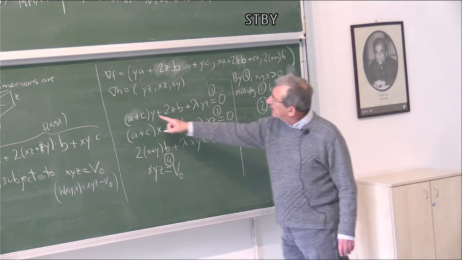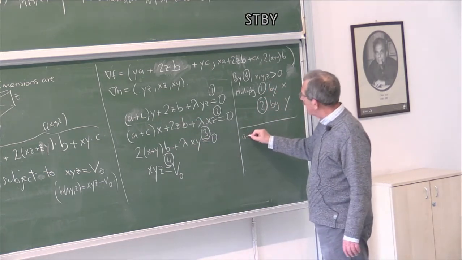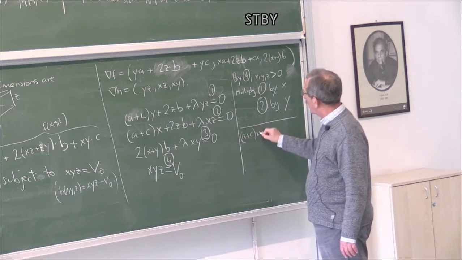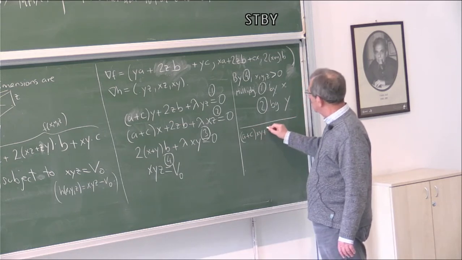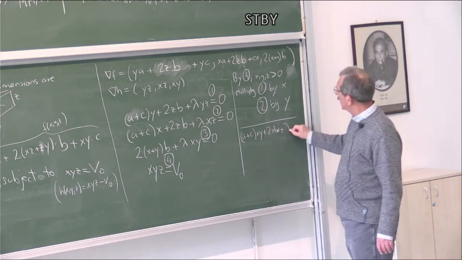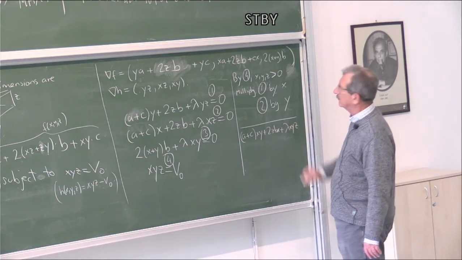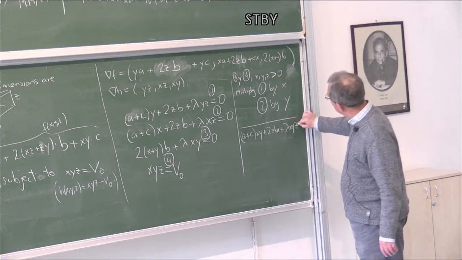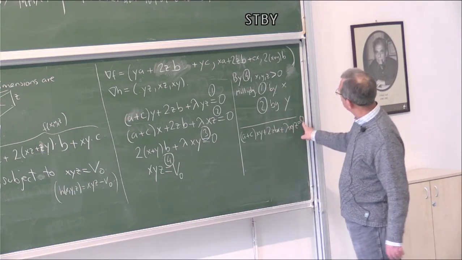If you multiply this with x, you end up with (a plus c) xy plus 2zbx plus lambda xyz, that's 0, from 1.